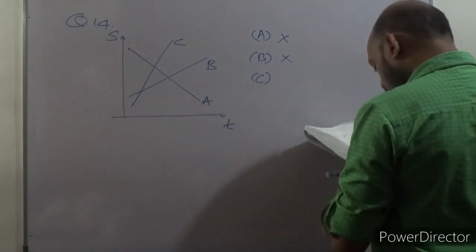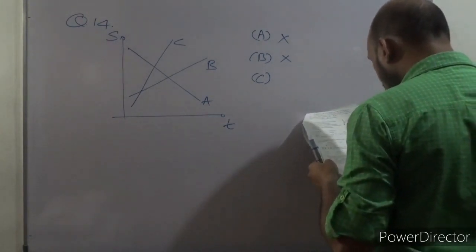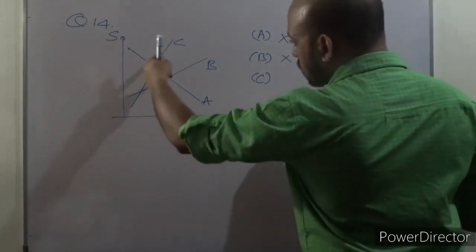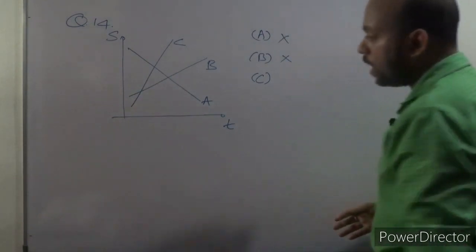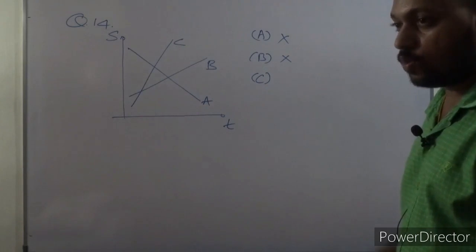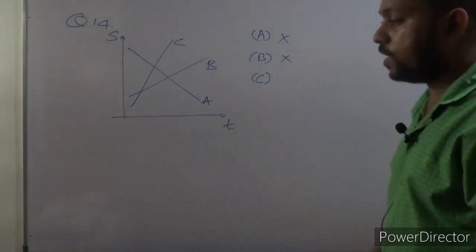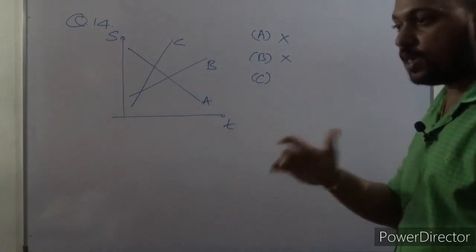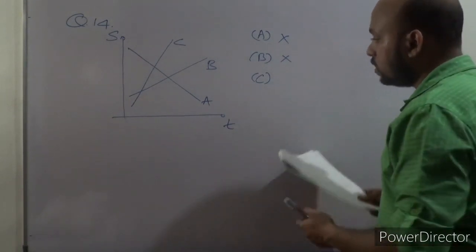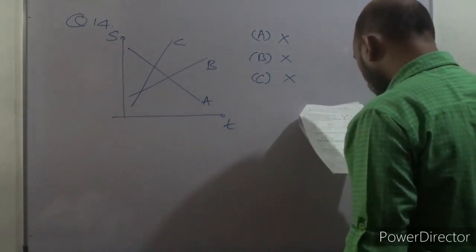C, the acceleration of C is maximum. Now all 3 graphs represent uniform velocities. Uniform velocity means there is no change in velocity, so acceleration is 0. There is no acceleration, so C is also wrong. So the answer is not all.